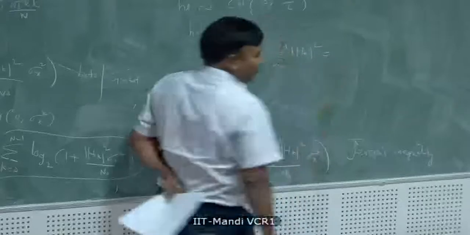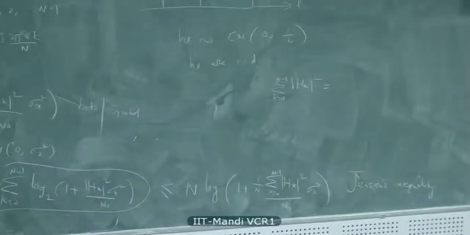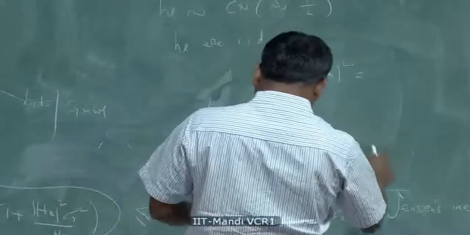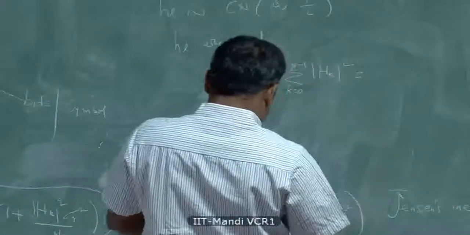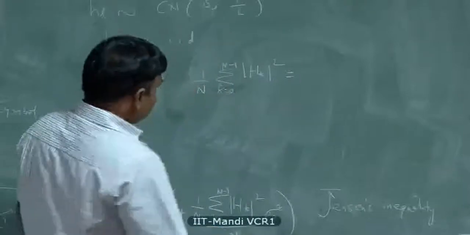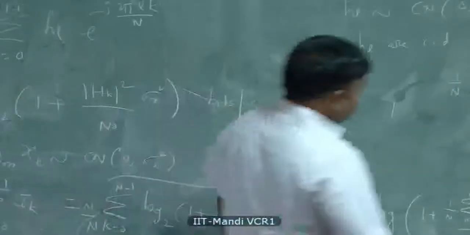This is equal to, applying Parseval's theorem, H_k is the DFT of h_l, and |H_k|^2 summed over N subcarriers and normalized with N is equal to what? It is equal to the sum of |h_l|^2.